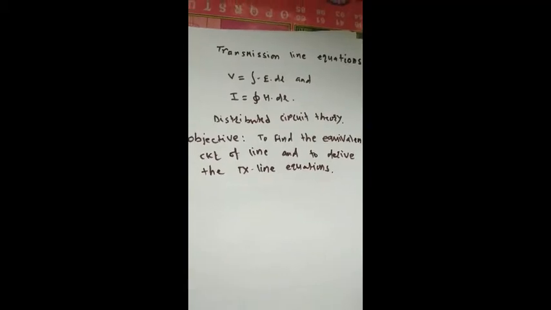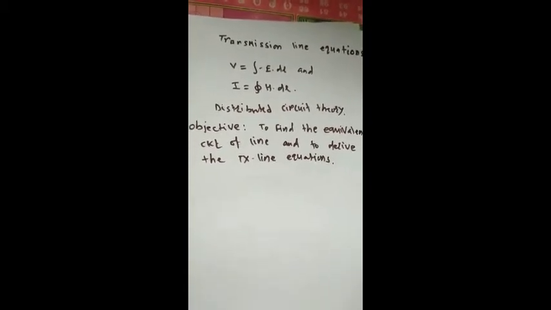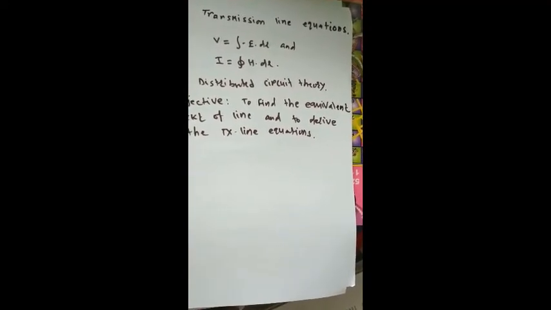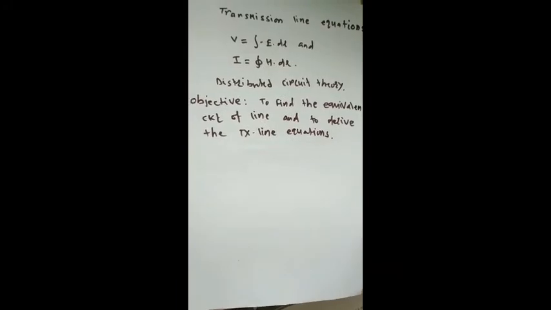For that, let us first of all model the two-conductor transmission line as an L-type equivalent circuit. As we know, in a transmission line we have mainly the four parameters R, L, C and G. We can represent its equivalent model in terms of the L type.